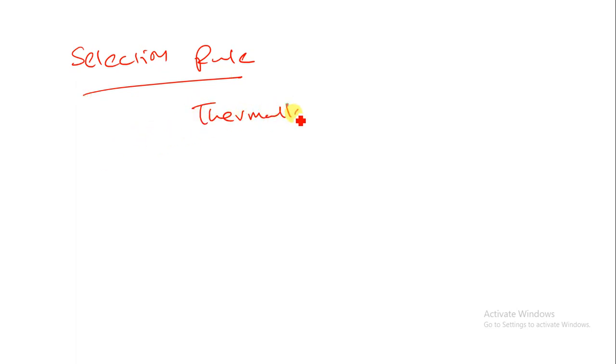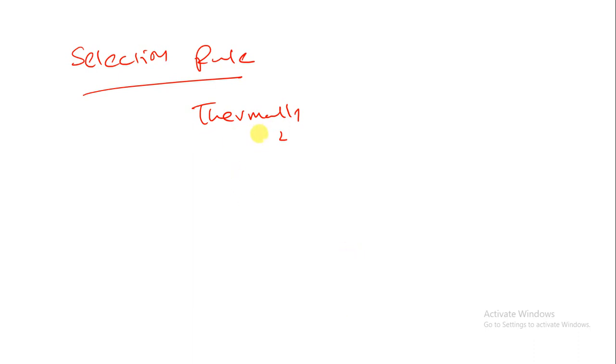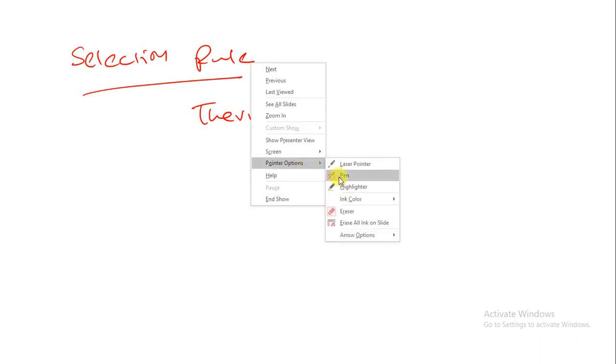So by that way you can write down the selection rule. What is the selection rule? If they ask a long question on thermally allowed or photochemically allowed for both cases, like 4 plus 2 and 2 plus 2 cycloaddition reactions, you can write whether the reaction is thermally allowed or photochemically allowed.